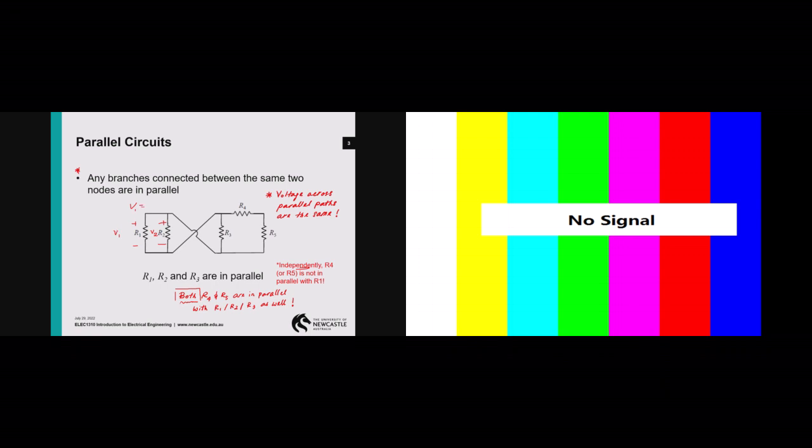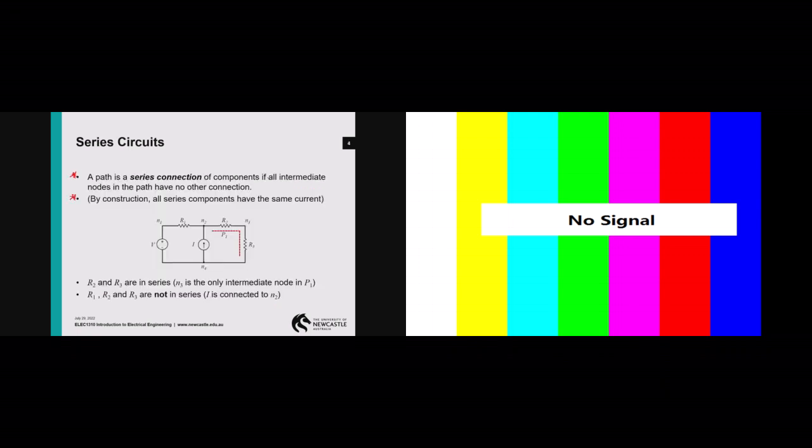The property that I have is V1 equals V2. And likewise, you can say that the voltage across here is also the same, and voltage across R4 and R5 is the same as well, right? This is one property that is very useful when it comes to solving circuit problems, okay?